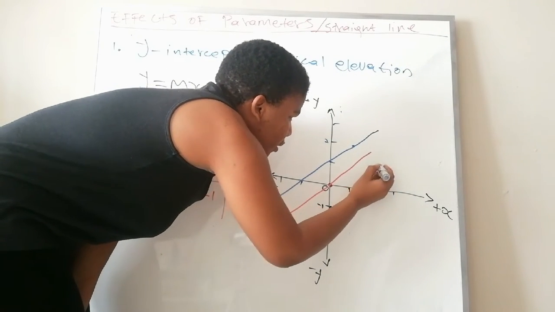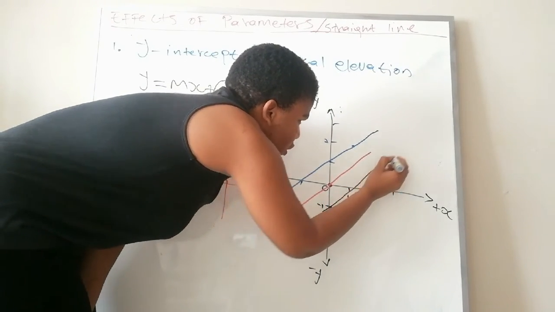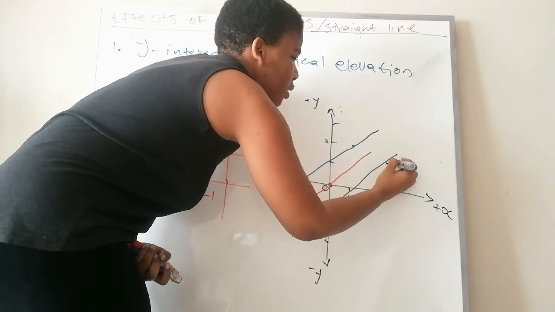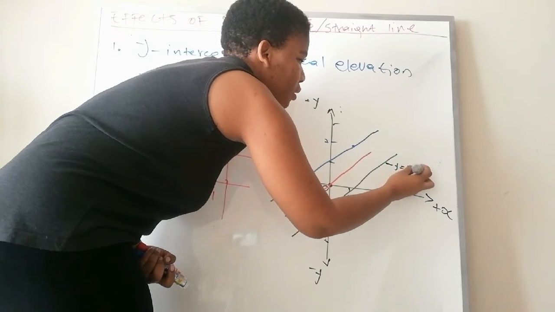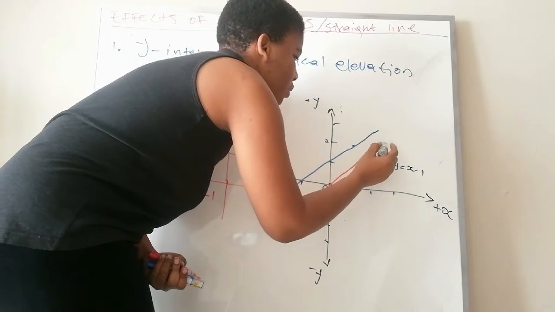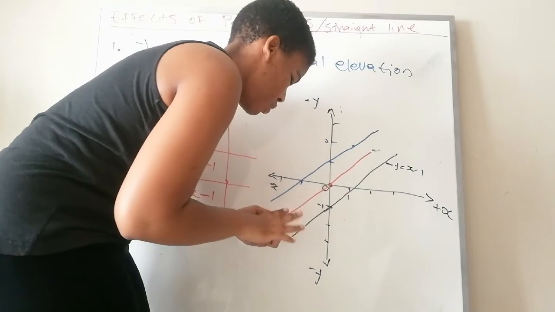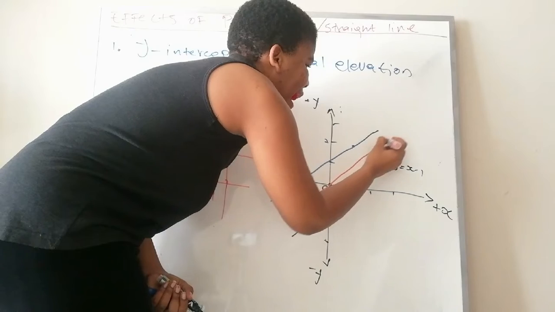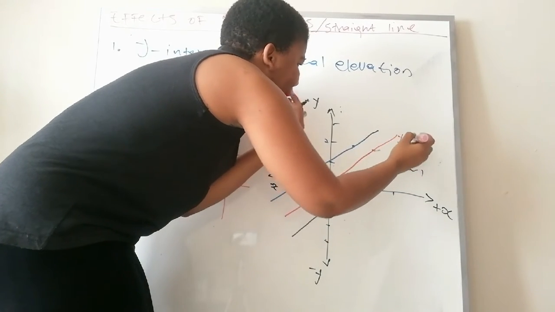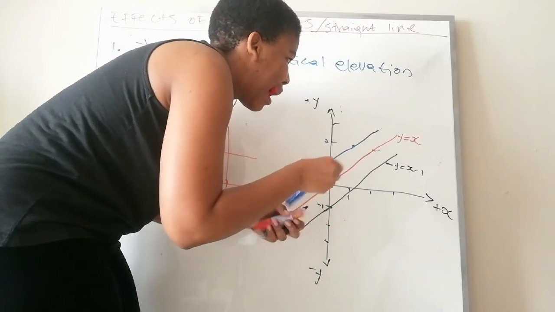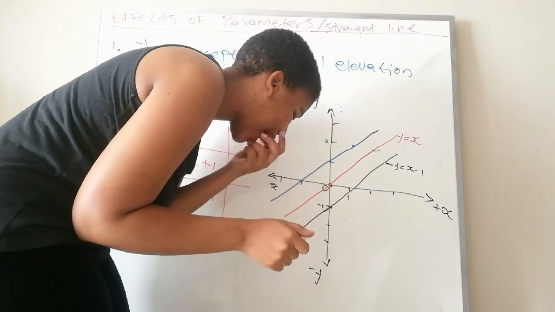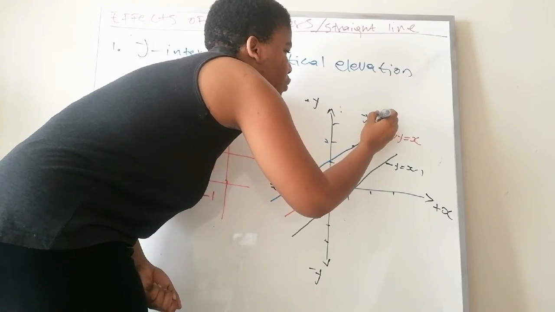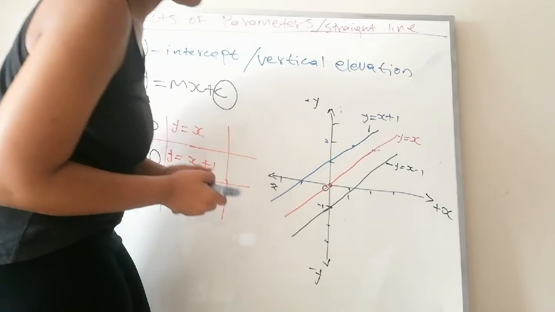So this will be your function: y is equal to x minus 1, and this one will be y is equal to x plus 1.